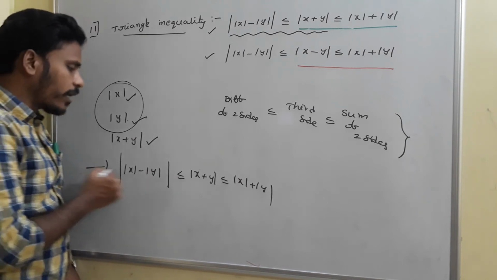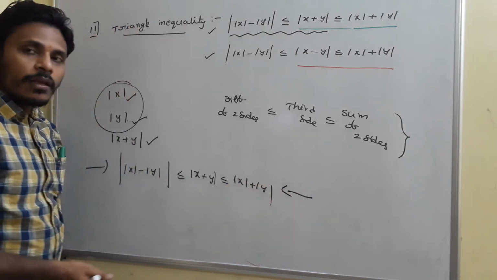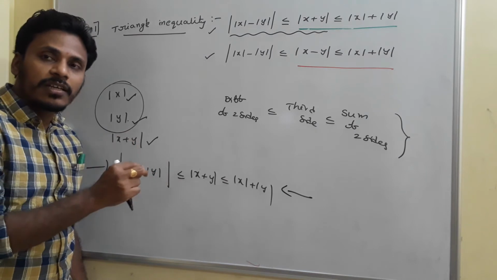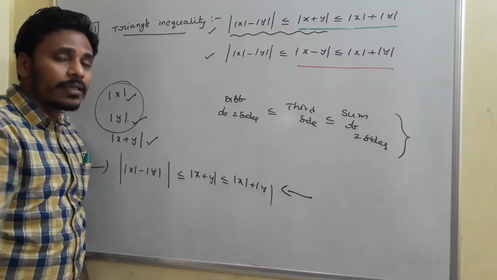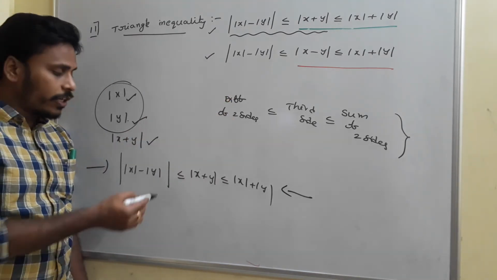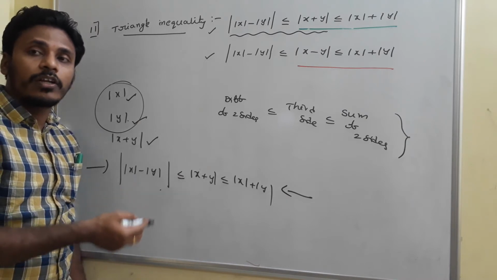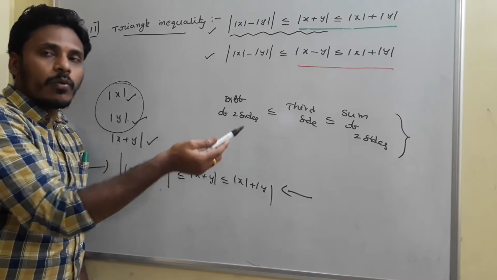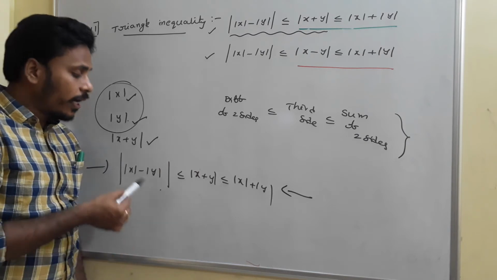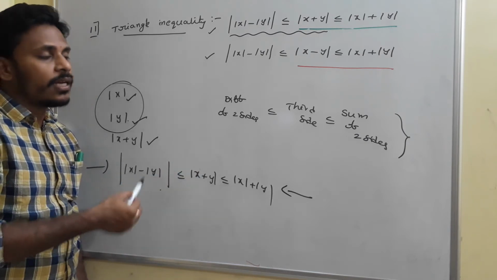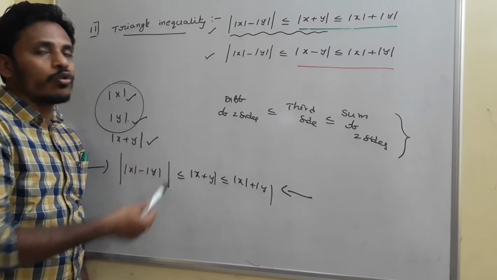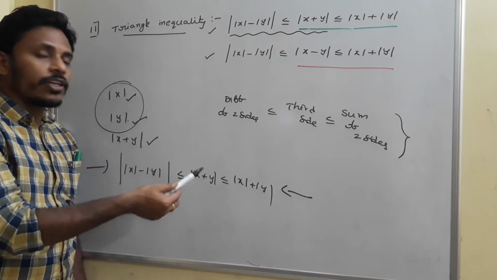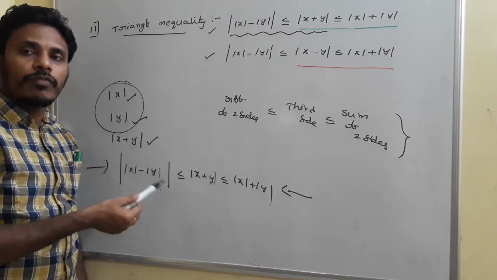And this inequality, if you look, is just in the form of the basic triangle inequality, and that's why we are calling it the triangle inequality of the modulus. This is the triangle inequality in geometry basically, and this inequality is just similar to that, and that's why we call it the triangle inequality of the modulus.